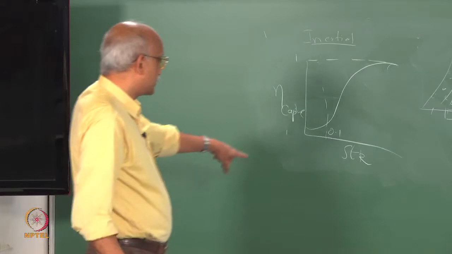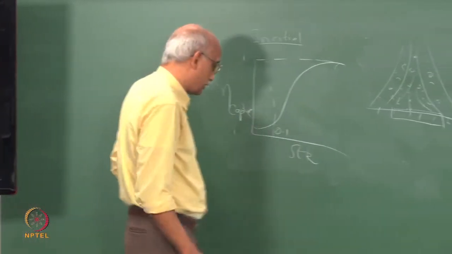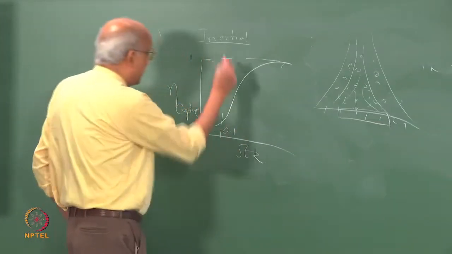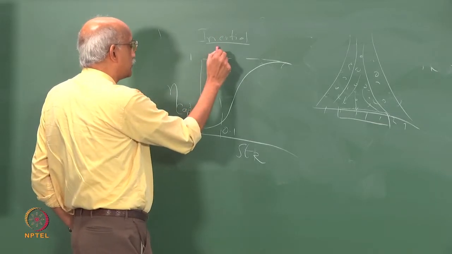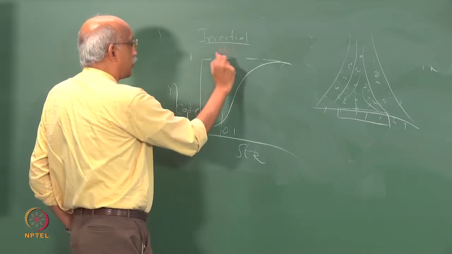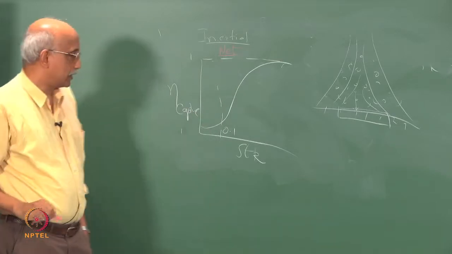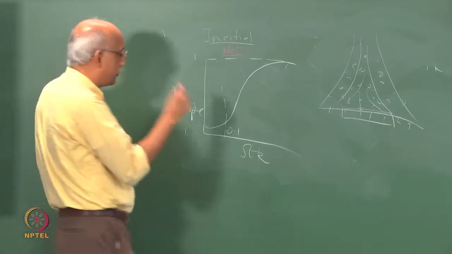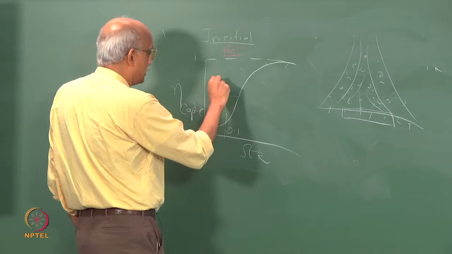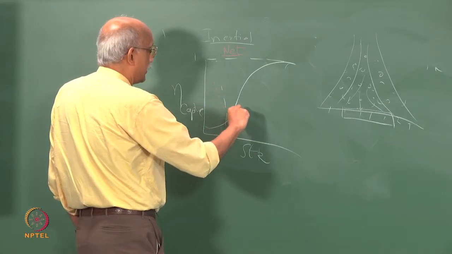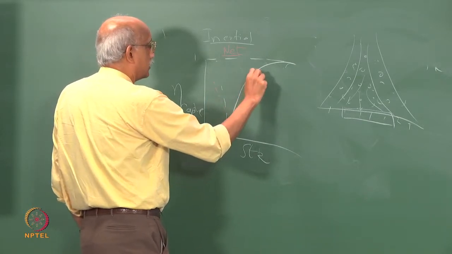In fact, if you redraw this curve and not look only at inertial impaction, but net, if you take all particle transport mechanisms, then what you will find is something interesting. You will actually see that you have a behavior that looks like this.